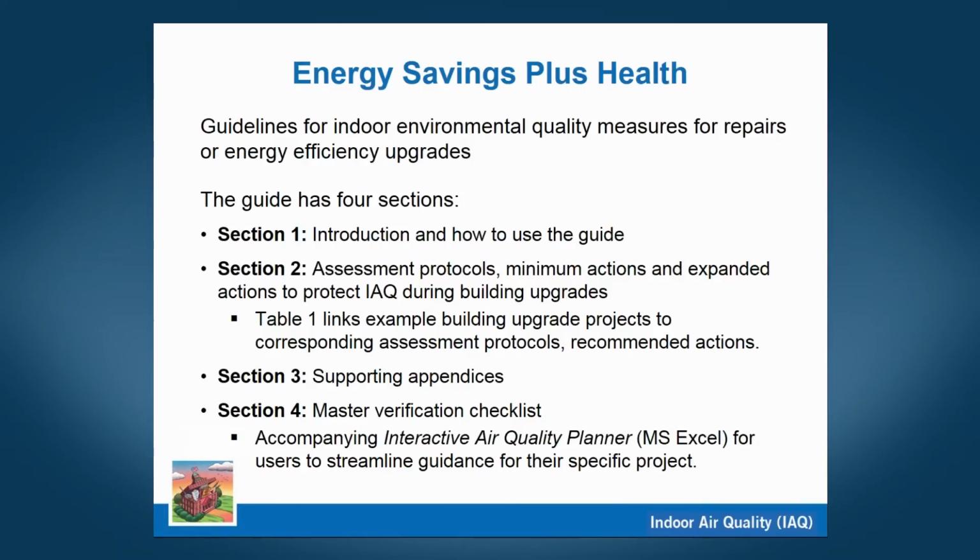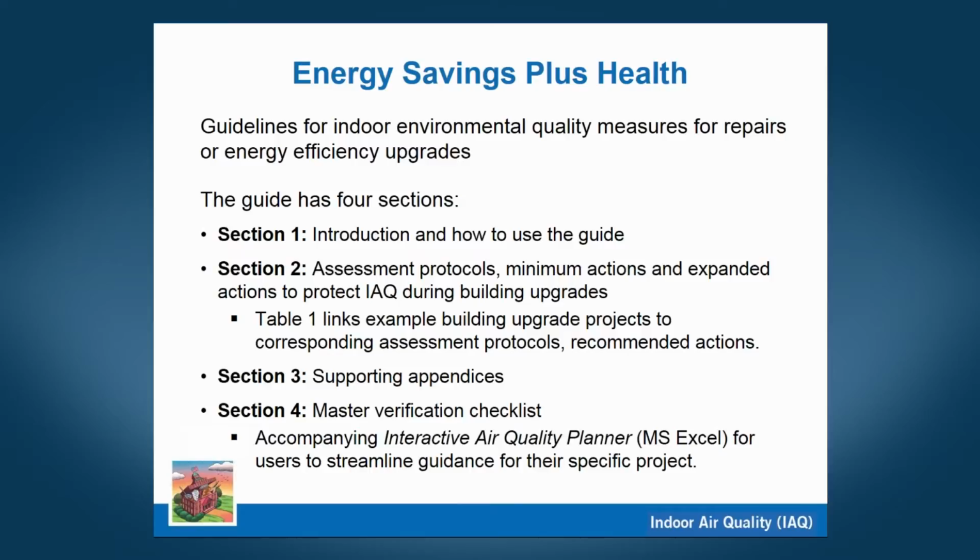The guide is made of 4 main sections. The first section is introduction and how to use the guide. It also contains information about business and health case for using the guide during any retrofits. Section 2 includes 23 priority issues that walks the readers through different indoor air quality issues.